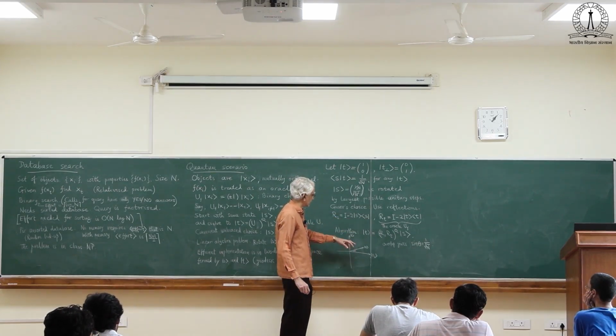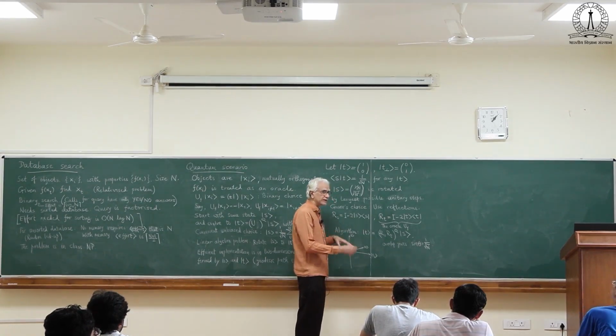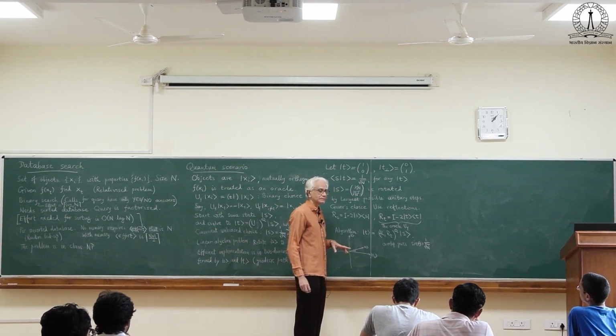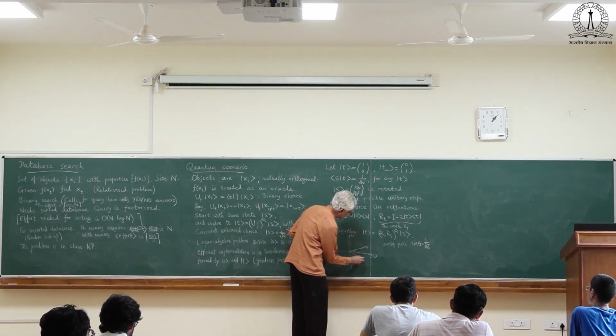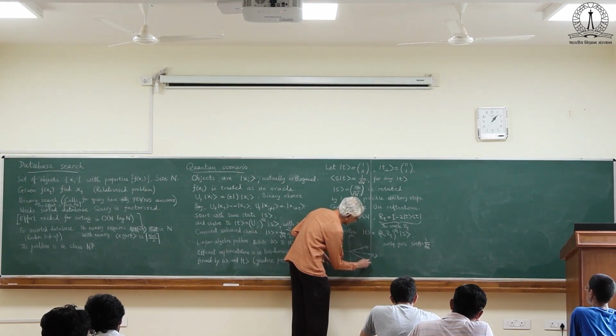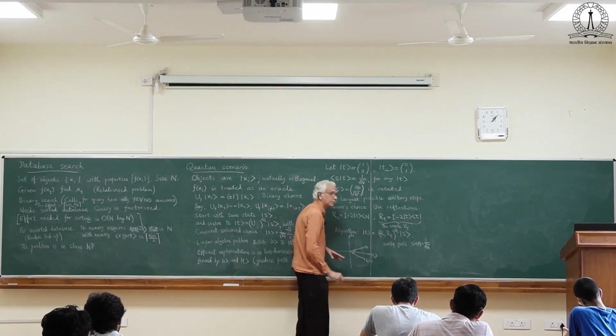It's a reflection operator. So the component of the vector in the direction of T will change sign. So the state will become this. This is RT acting on S, where this angle is also theta.